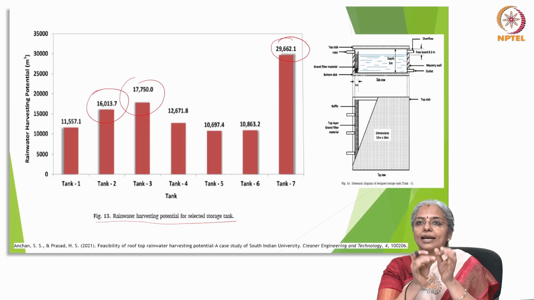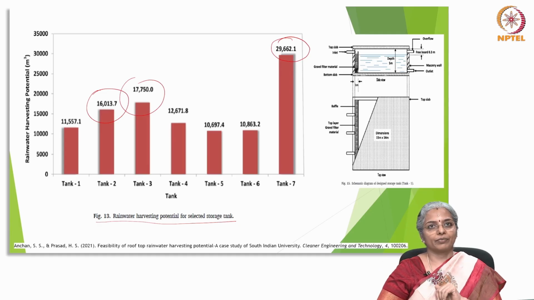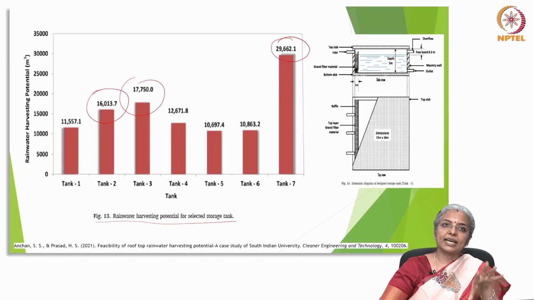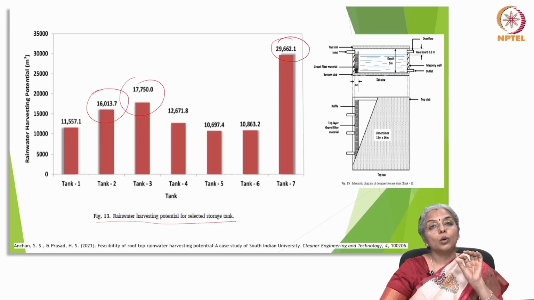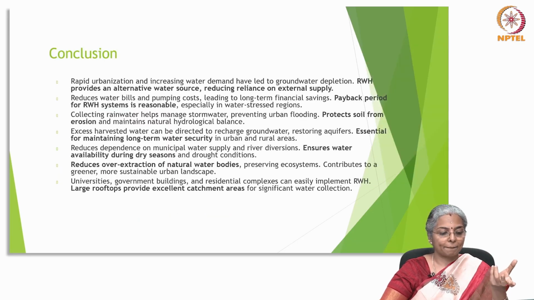So, this study recommends that we should add more filters like gravel, sand or charcoal to ensure that we have good quality water. So, this is a real case study which is already a published work, as I have cited, which shows that rainwater can really pitch in to save us from flood as well as drought, and this is done based on quantitative analysis.